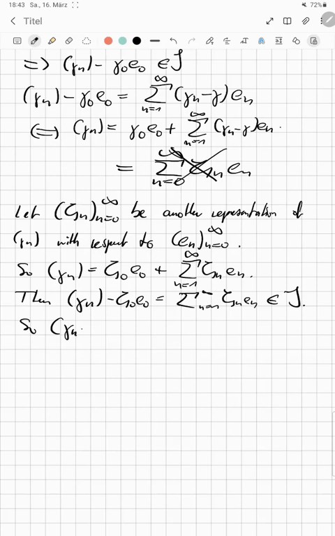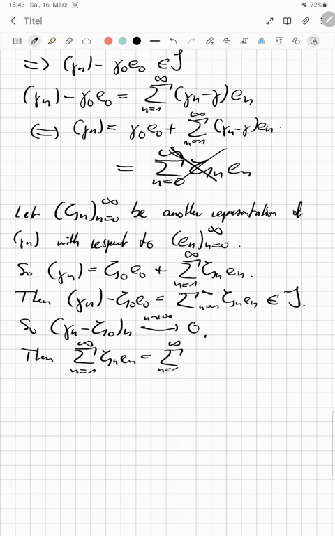So gamma n minus zeta 0 as a sequence in n has limit 0. And since this has limit 0, we know that then the sum of this representation here must be gamma n minus gamma En. Yeah?